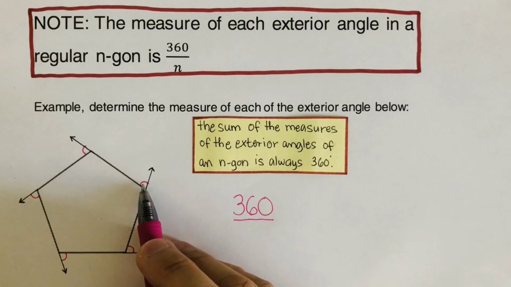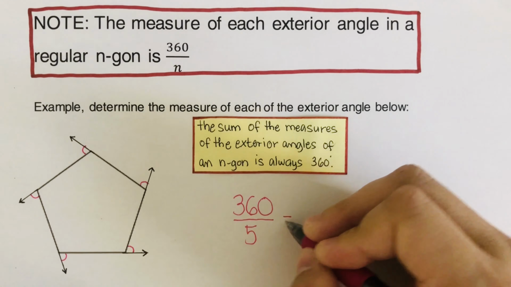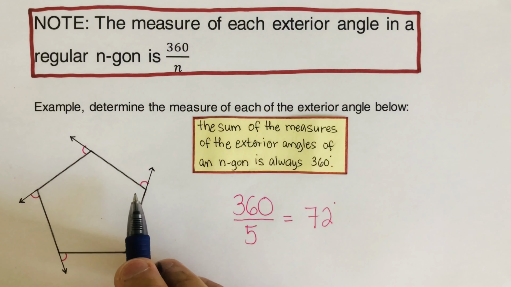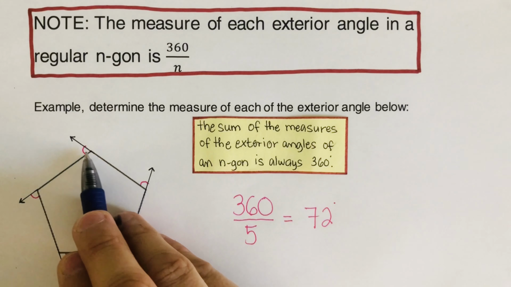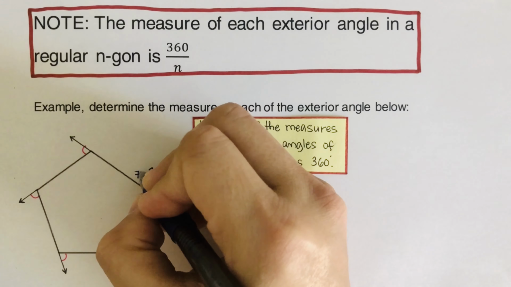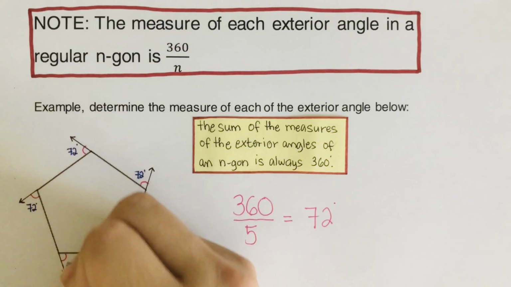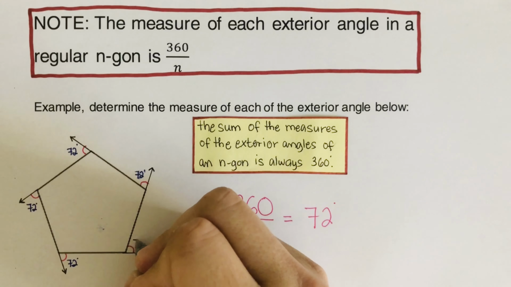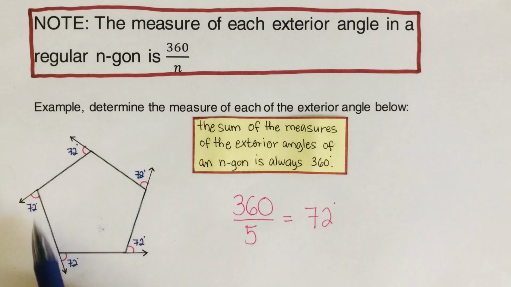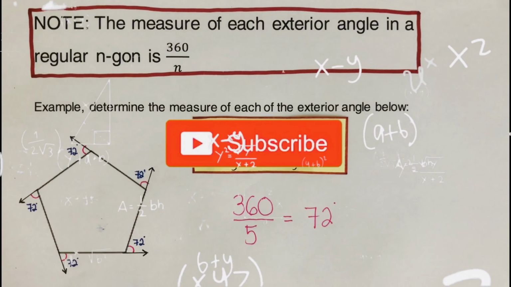We count 1, 2, 3, 4, 5. So 360 divided by 5 is 72 degrees. So each of these exterior angles is 72 degrees. Pretty much we divided 360 by the number of sides. If you add all these 72s, it will come out to 360.